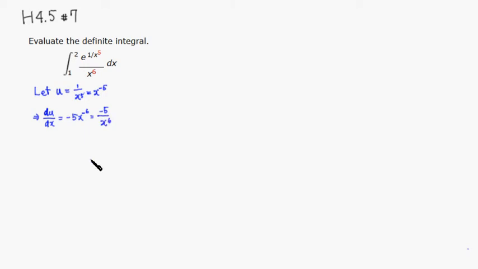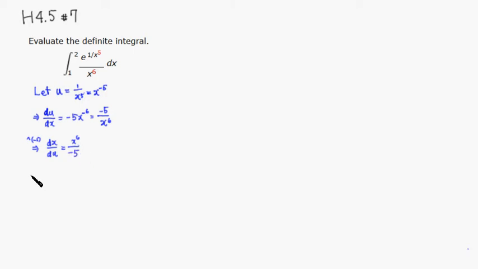Then we're going to solve for dx, so we're going to take the reciprocal of both sides. So upside down, dx over du, and put the right hand side upside down, so you have x to the 6 over negative 5.